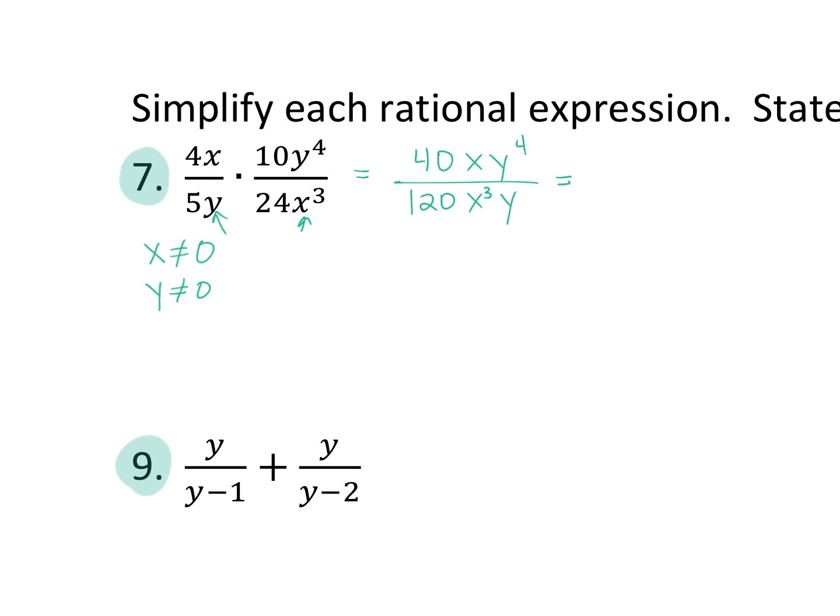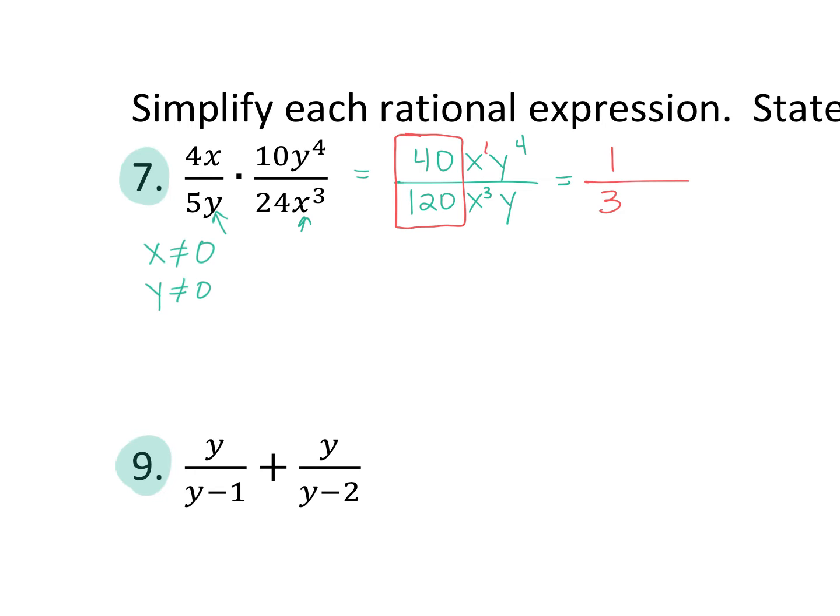When you do this, you break it down piece by piece. So 40 over 120 is 1 over 3. X over x to the third, what is that going to be? It's x to the second. Where does it go? Top or bottom? On the bottom, right? With the bigger one.